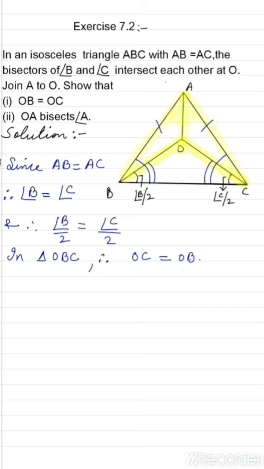Therefore OC is equal to OB, which is the first part which you had to prove. Hence proved. Now we come to the second part.